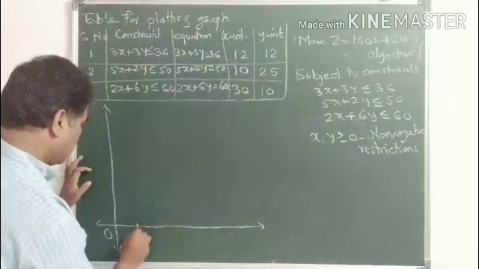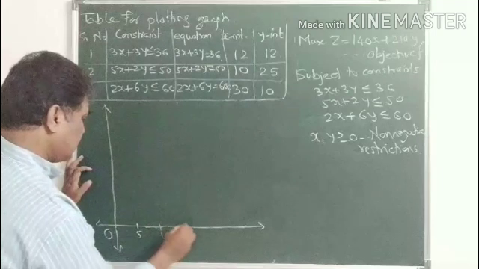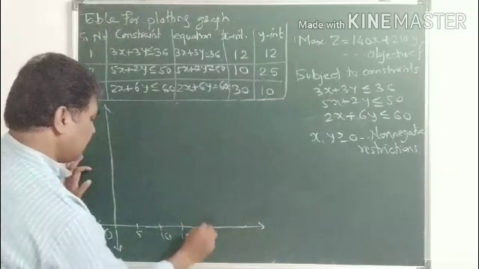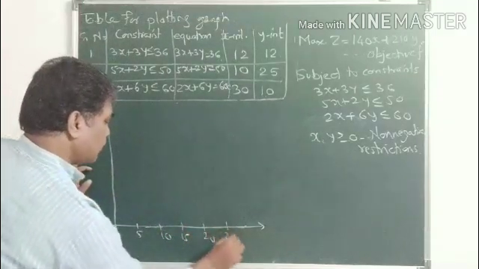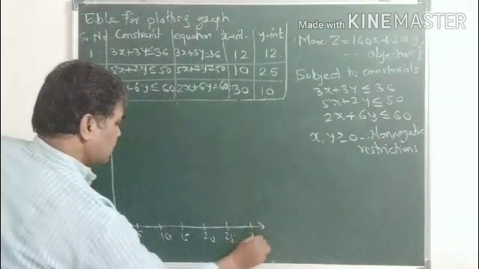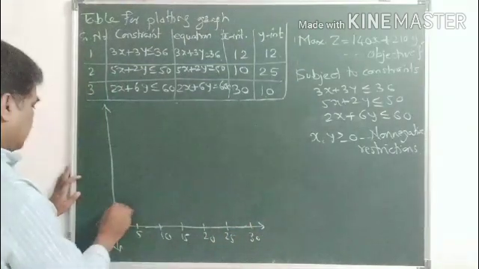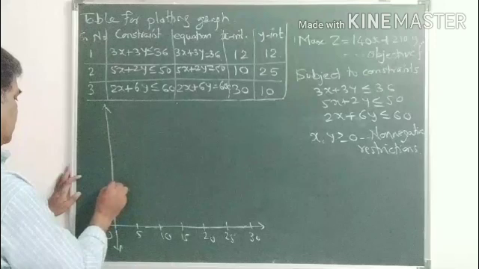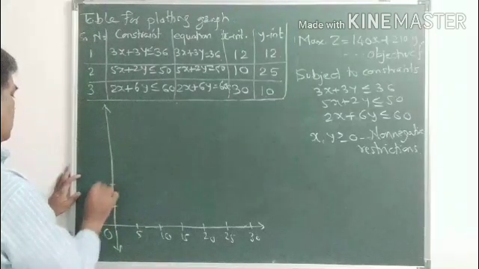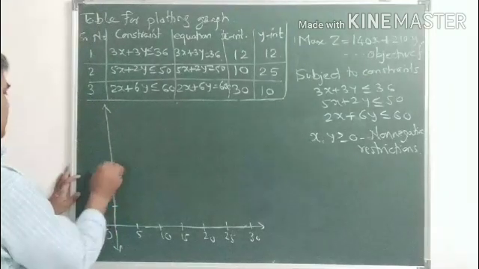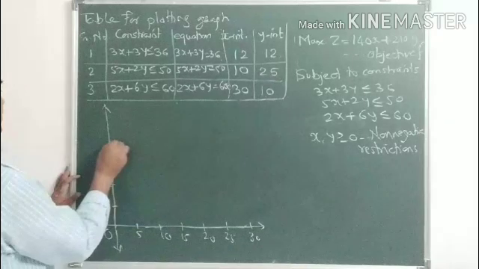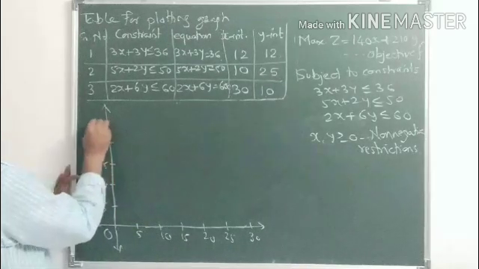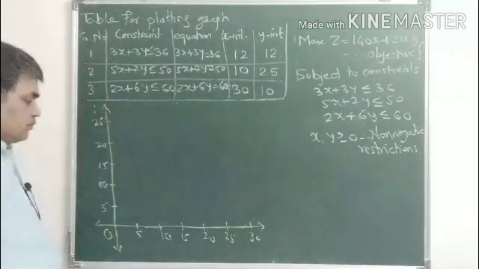So 5, then 10, 15, 20, 25, 30. Here 5, 10, 15, 20, 25 and so on.